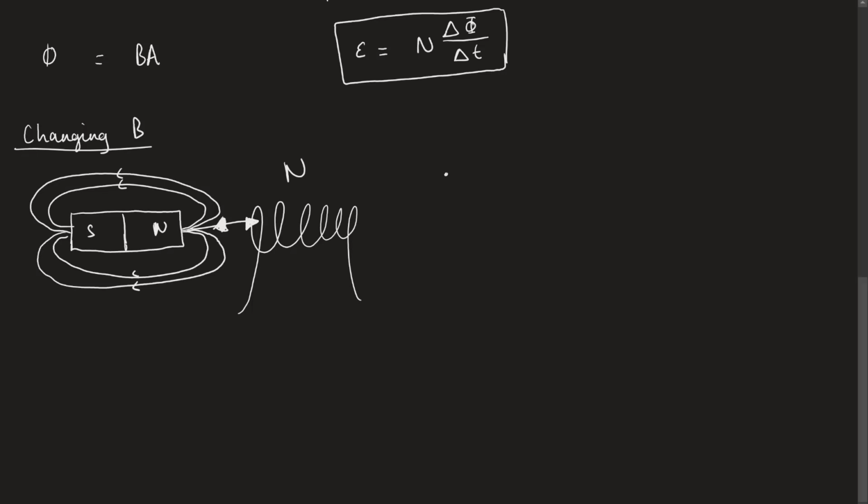Therefore, I can say, in order to increase the EMF, so I'm just going to move the magnet back and forth, and this leads to a change in B with a constant A, with a constant area.